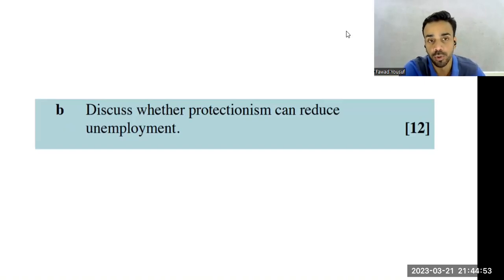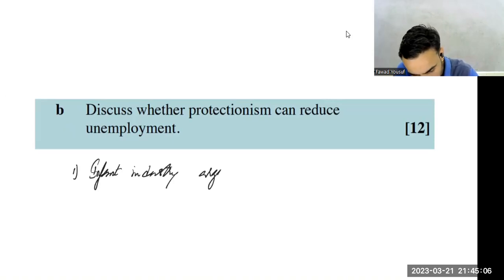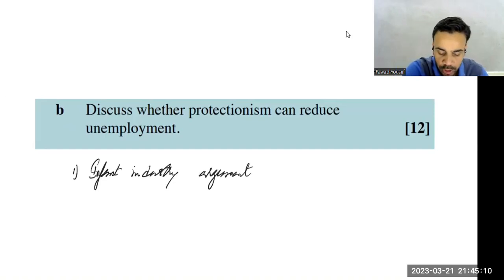And that's going to reduce unemployment. So I think, you see how I've just converted my whole infant industry argument and made a connection to the idea that yes, it can reduce unemployment.